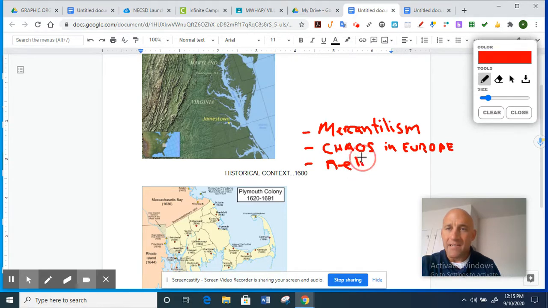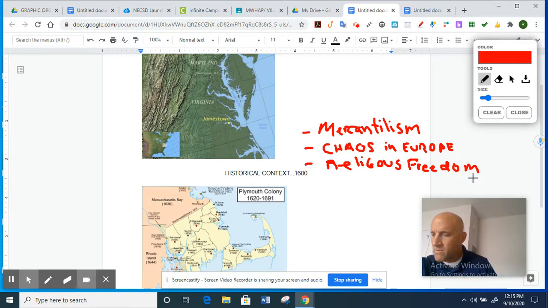So it's not an accident that this idea shows up in our Constitution, right? Okay, so we have mercantilism, chaos in Europe, religious freedom, specifically from the Anglican church.